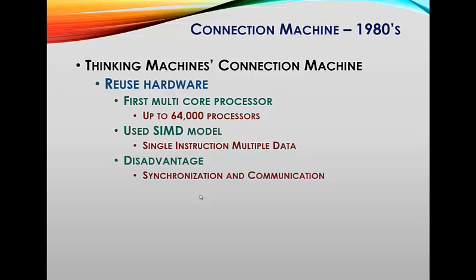The concept is to define a data range and then have the processor apply that operation over the data range. The Connection Machine basically created 64,000 processor cores, and each of those cores would be able to execute SIMD instructions on its datasets.